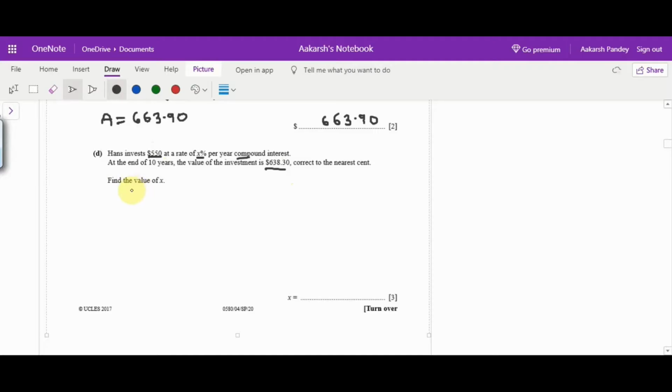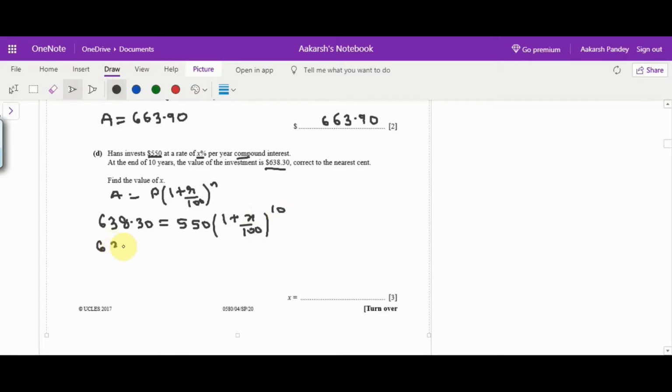Okay, so we are using the same formula, which is A is equal to P into 1 plus R by 100 raised to N. Now my amount, that is 638.30, is equal to 550 into 1 plus X by 100 raised to 10.